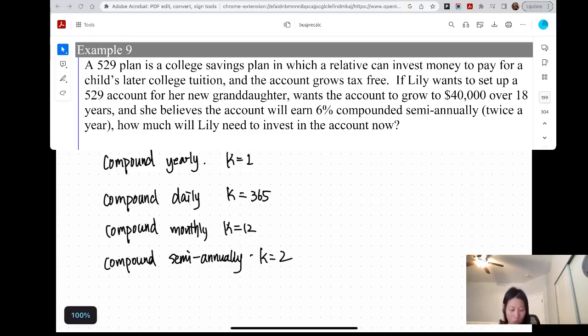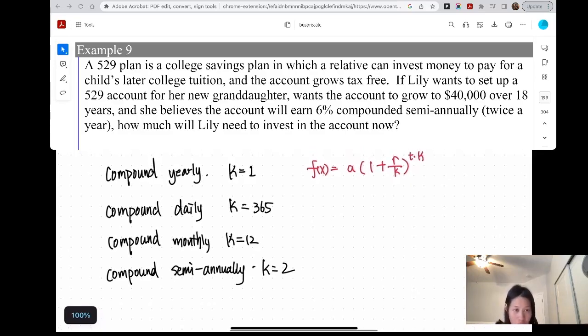So we have the formula f(x) equals a times (1 plus r over k) to the t times k. Here a is the initial value, which is unknown. But what do we know? We know the final amount that we want is $40,000, so f(x) equals 40,000.